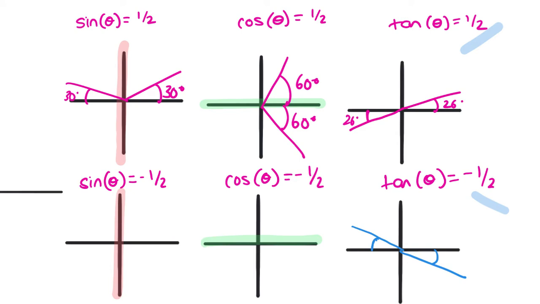With cos of negative 0.5, I'm going to have 120 degrees. 120 degrees is here. This is my angle. Where do I reflect cos? In which line? The horizontal. So now this is going to be here.